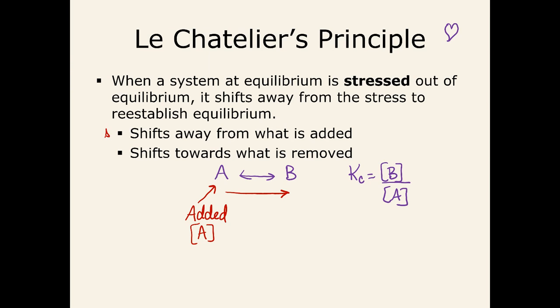So that's this first one. That if we add a reactant, it's going to shift away from that towards product. So this is going to shift right. By shifting, I mean reacting to make product.